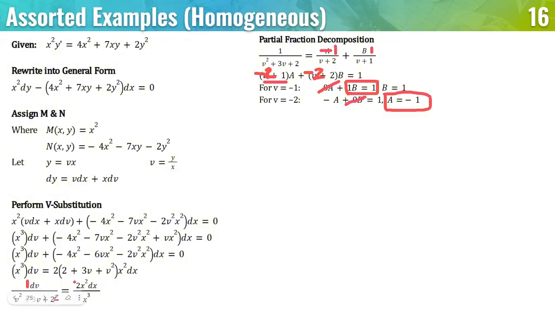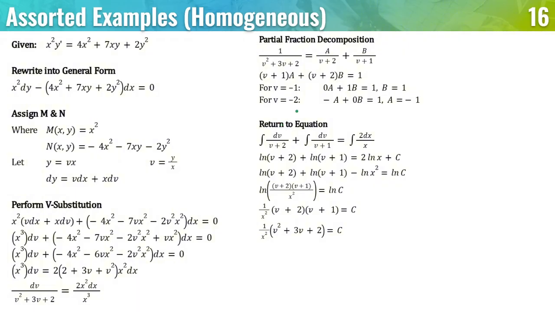So recall earlier, I dropped the negative sign. So we can expect that when we apply this, we have to keep the negative sign again. So here, this one is now this, and this one is this. So I skip directly to integration, and again, the negative sign must be here.